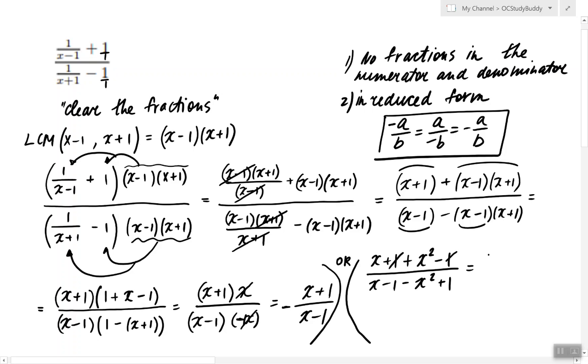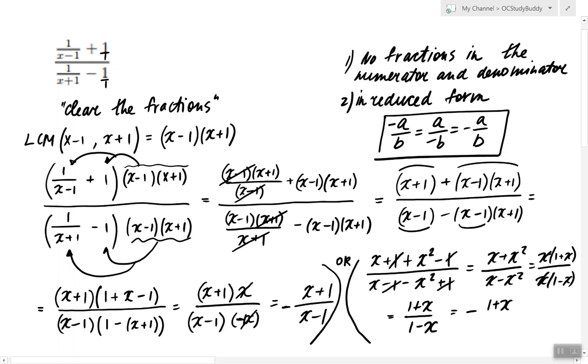And 1 would cancel. 1 would cancel here too. And you would factor out x here. So it doesn't matter, one way or another, you would arrive at the same simplest form. So hopefully you can see here that this is exactly the same as this. So this is how we simplify a rational expression.